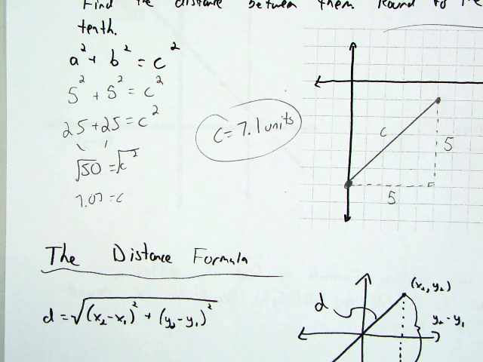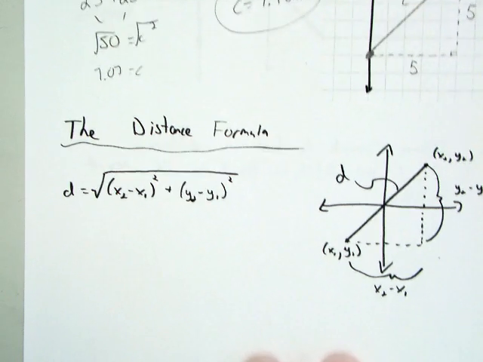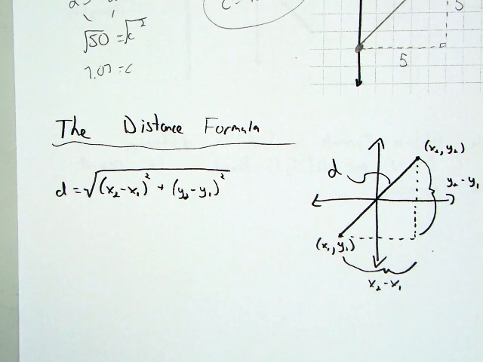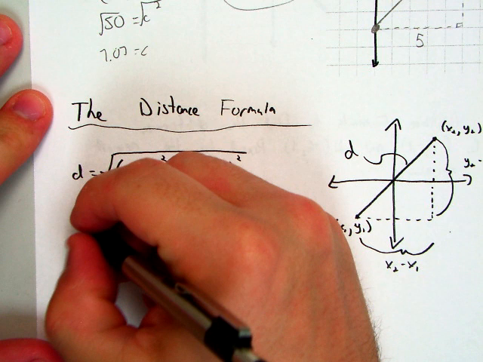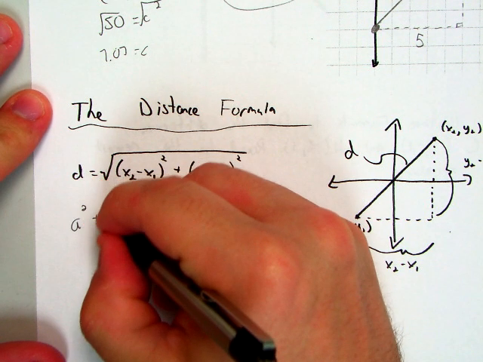Now, there's also something that we can use. It's called the distance formula. So the distance formula is going to look a lot like Pythagorean theorem.